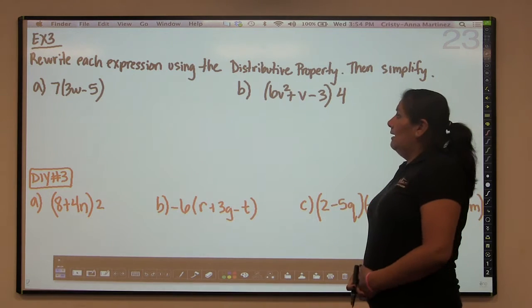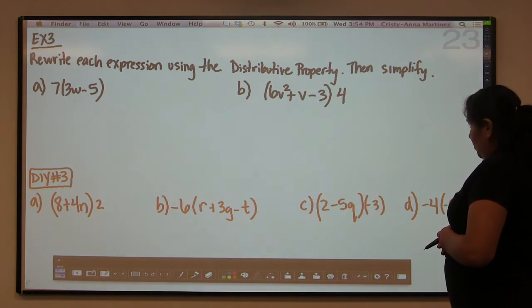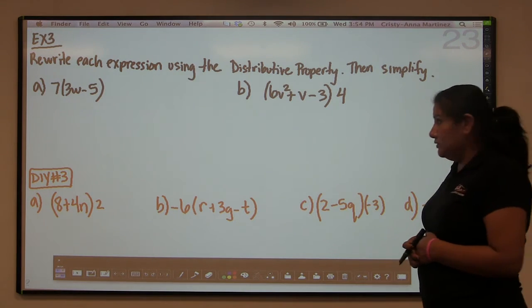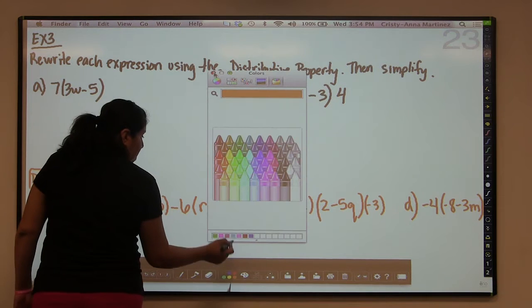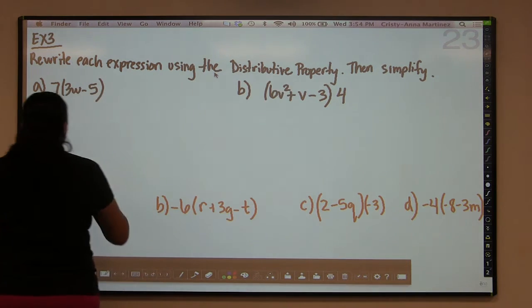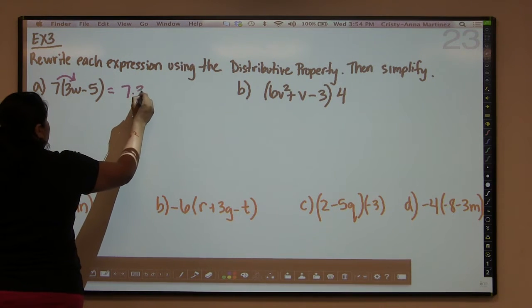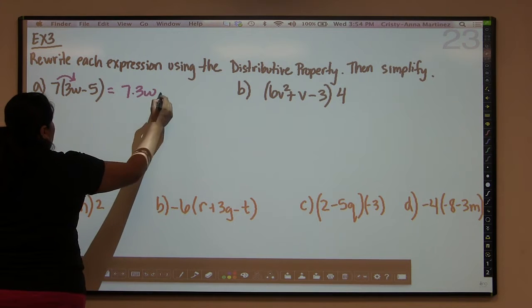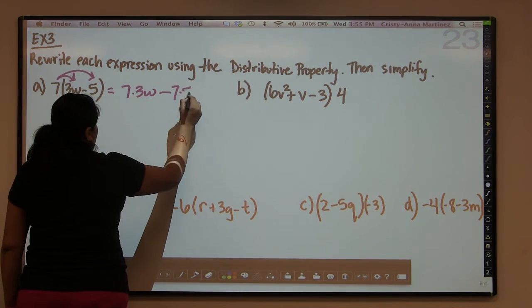And then in example 3, we are going to rewrite each expression using the distributive property, and then we're going to simplify our answer. So for this one, we are going to do 7 times 3w, and that's a minus, and then 7 times negative 5, or 7 times 5.